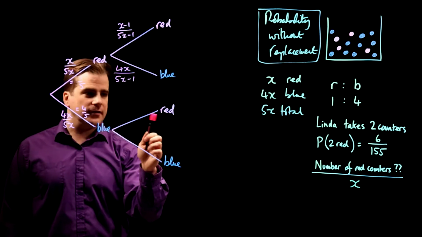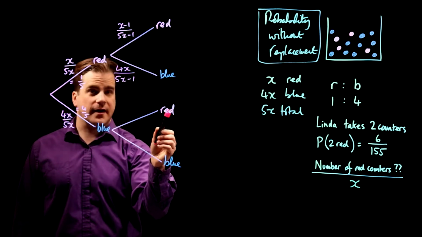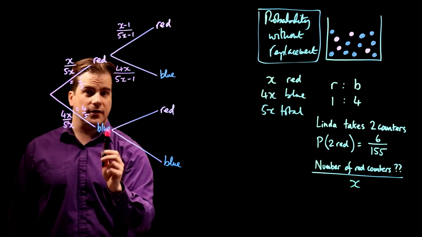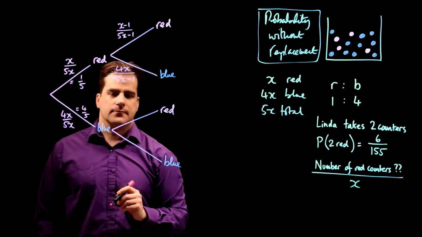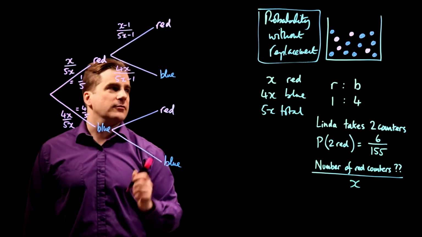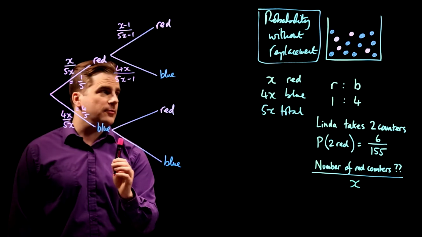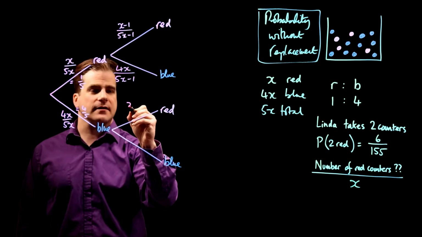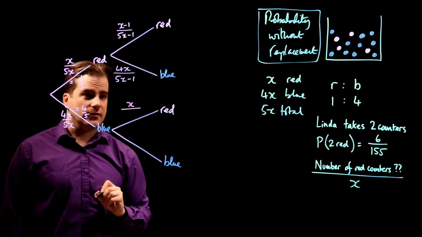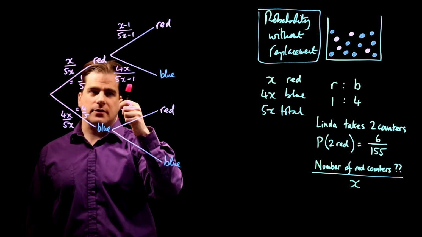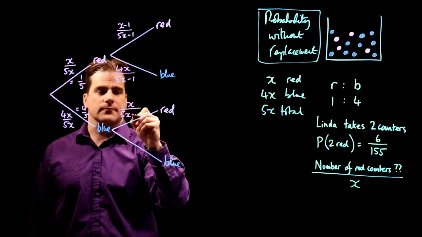Probability of choosing a red counter with the second pick, given that we chose a blue one with the first pick. Well, how many red counters are there in the box? All of the original still remains. We chose a blue originally, so there is still X in the box, out of a total of, it's always going to be 5X minus 1.